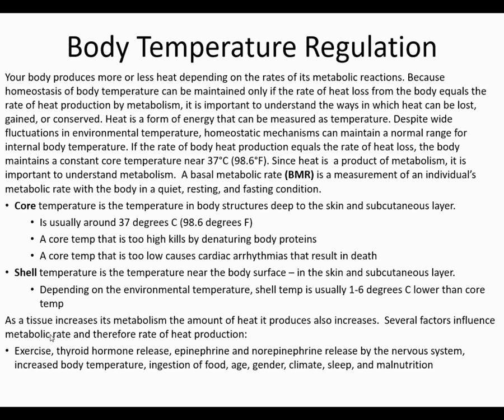Because if body temperature drops, we need to increase the amount of heat we produce, and if body temperature goes up, we need to increase the amount of heat that we dissipate. That's what allows us to maintain a constant core temperature near 37 degrees C or 98.6 degrees Fahrenheit.